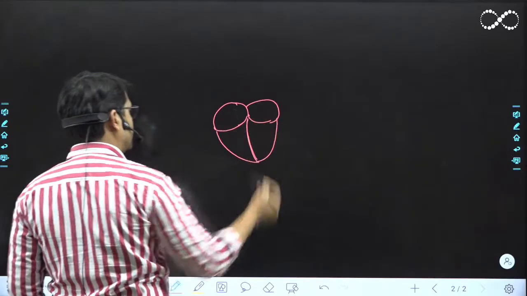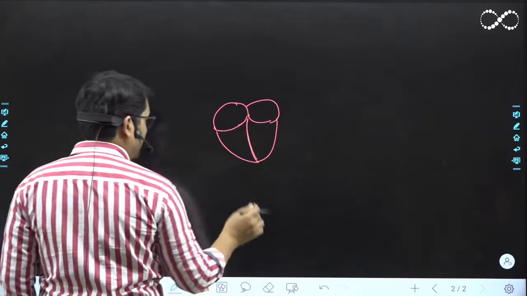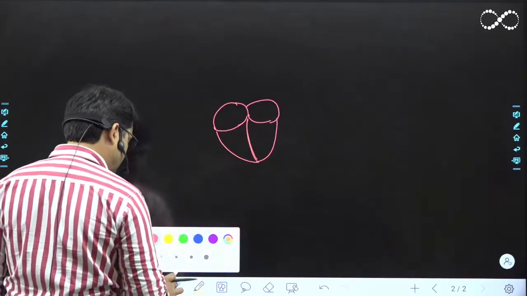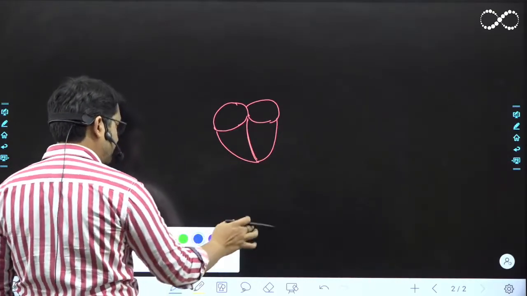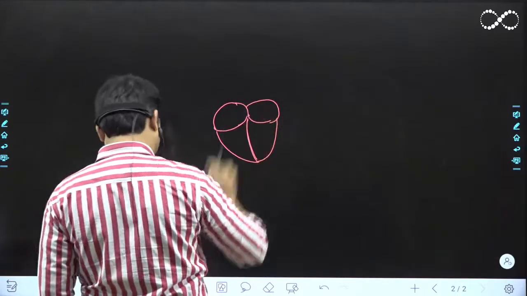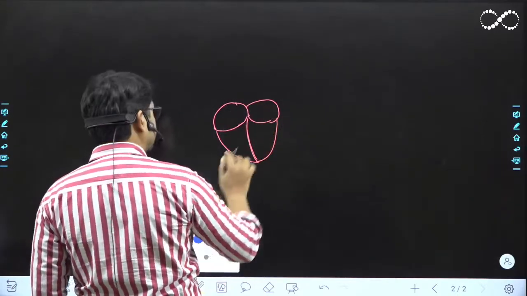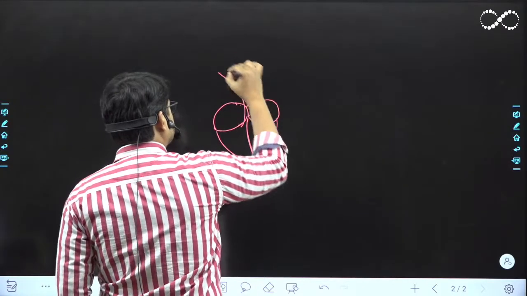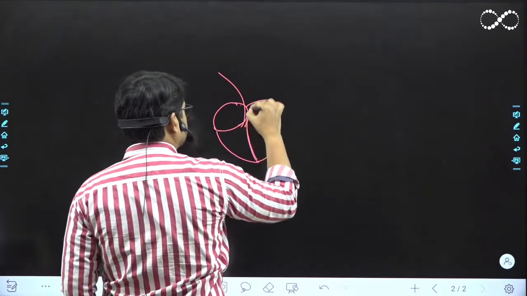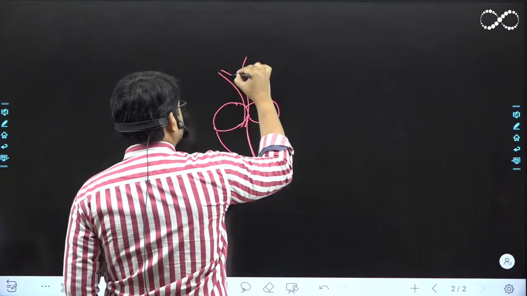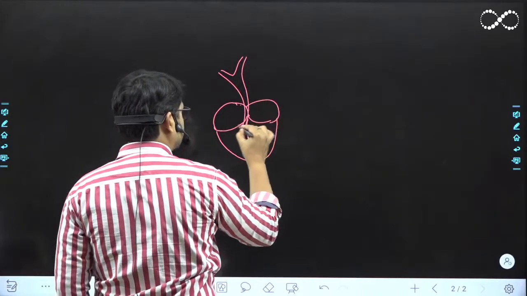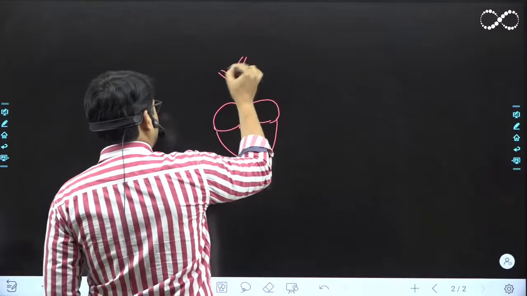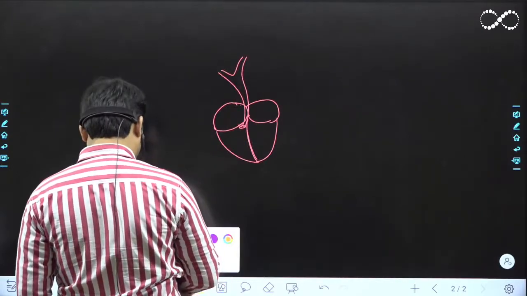You have the human heart, and from this heart arises certain okay, and this goes to your lungs.